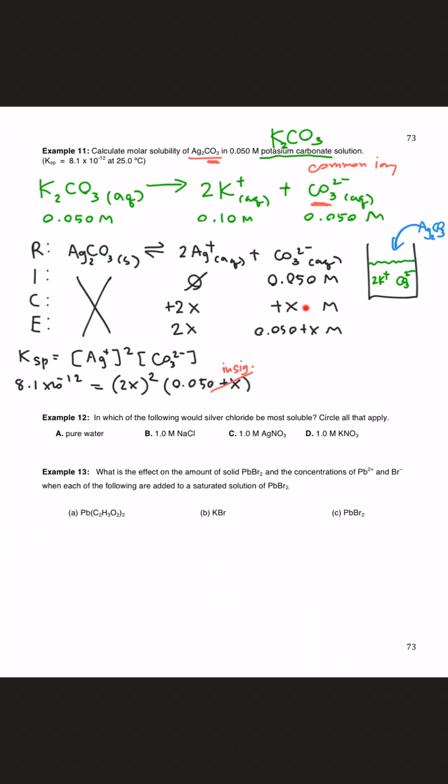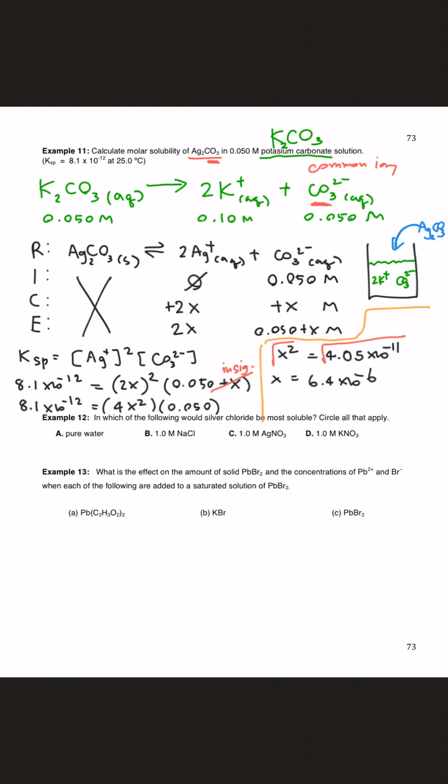So in comparison, the x that is dissociated would be a lot less than 0.05, because you compare an insoluble salt versus a soluble salt. Therefore, the plus x would be insignificant compared to 0.05. Then you solve for x, and you get x equal to 6.4 times 10 to the negative 6. And this x represents the molar solubility of silver carbonate in 0.05 molar potassium carbonate solution.